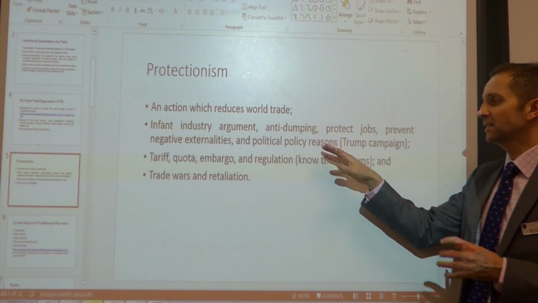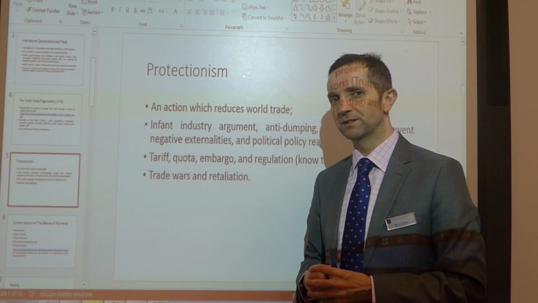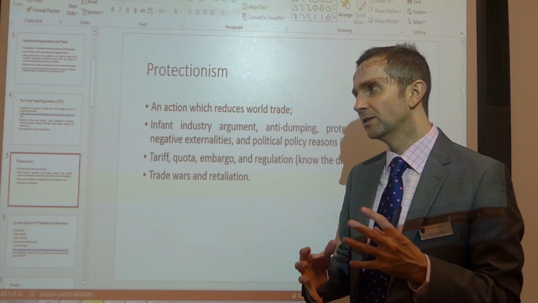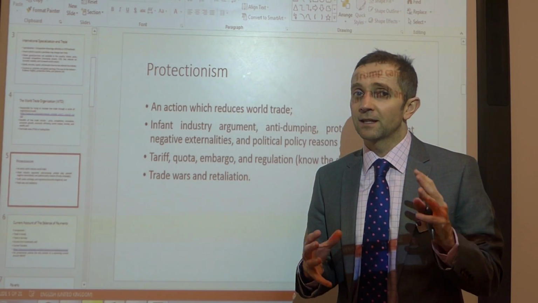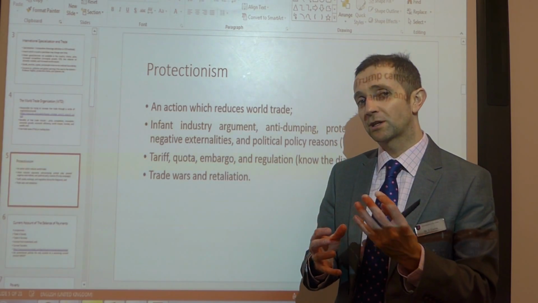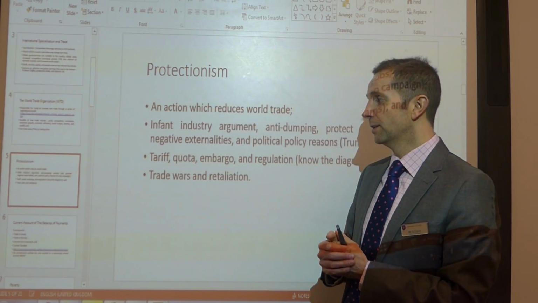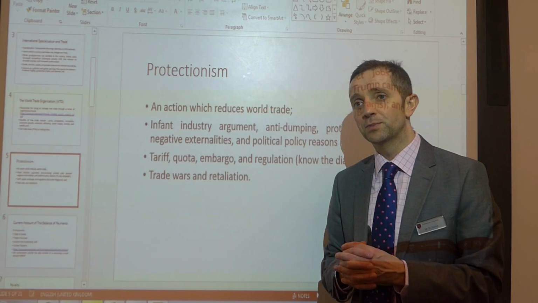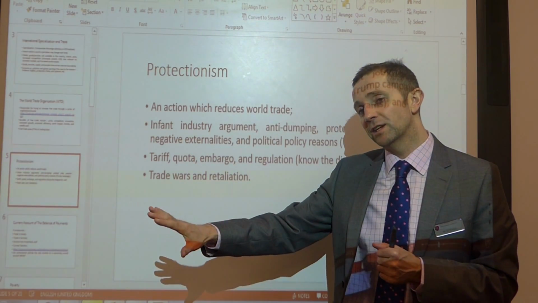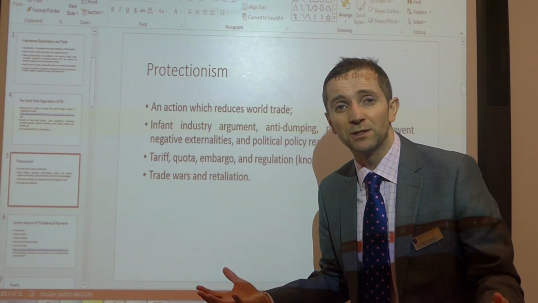And then finally, for political policy reasons. So the greatest example in recent times is, of course, Mr. Trump's presidential election campaign, where people felt that particularly the relationship on their current account, actually, as they have an enormous current account deficit that the US is running, particularly with China, well, they feel that that is a consequence of jobs being lost overseas, because firms are locating overseas and producing overseas, and then the Americans are importing the goods which they once made.